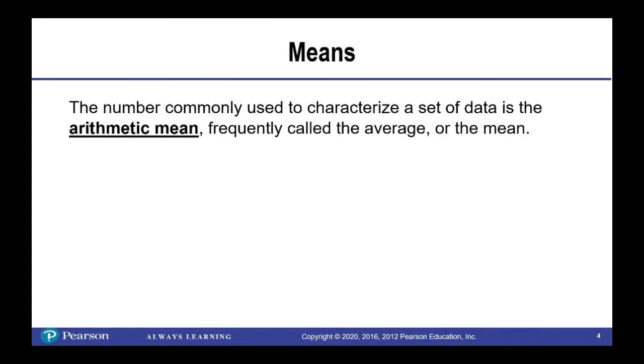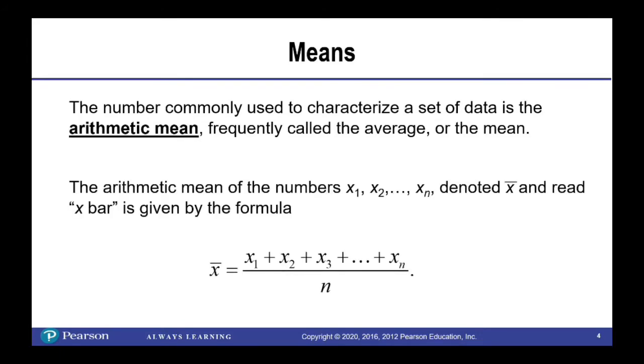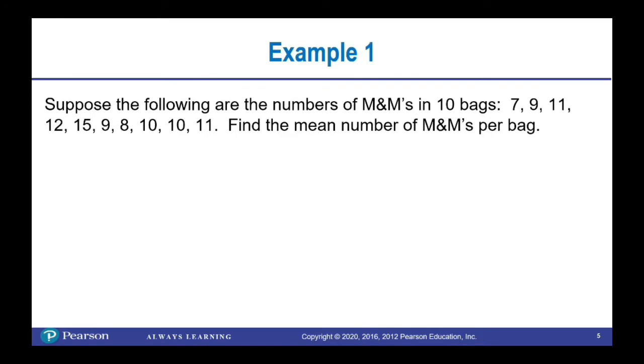Now first, let's talk about the mean, often called the arithmetic mean or the average. To find the mean, we add all of our values together and we divide by how many values we have. X bar is the notation that we use for our mean. In example 1, we are asked to find the mean number of M&Ms per bag.